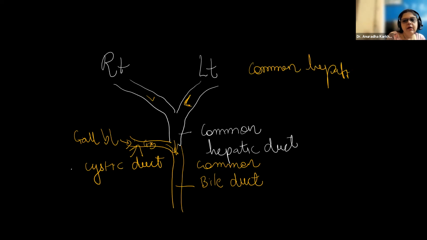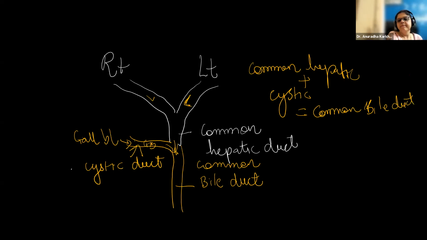So, common hepatic plus cystic is equal to common bile duct. Yes, Medansh, you're right. Only one duct will come from the gallbladder, which is called the cystic duct.